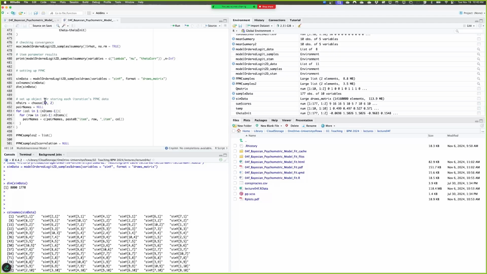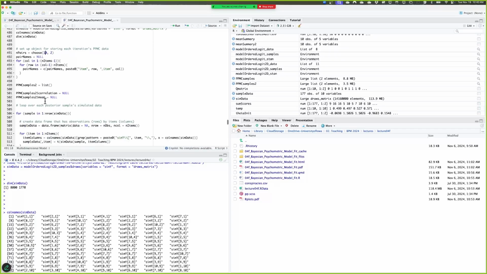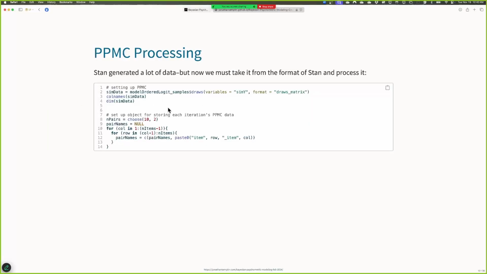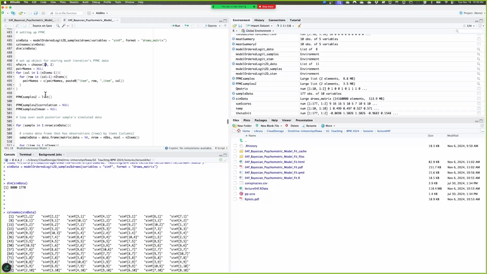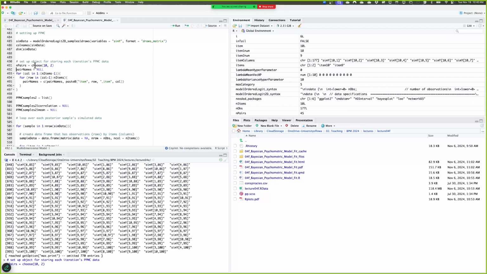Okay. So now we're going to set up an object to store each iteration's PPMC data. What we want to come up with is for each correlation possible. So now we have 10 items. 10 choose 2 tells us we have 45 correlations.